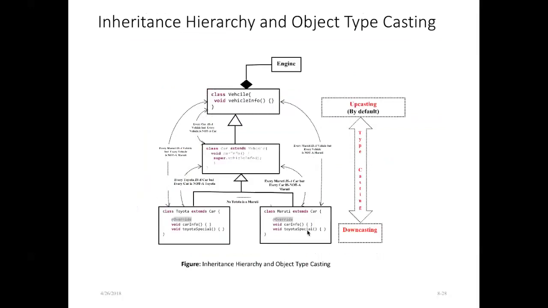If I have a car C1 equal to new car, this C1 is an object, right? It will take a space in memory, somewhere in memory, and this space will be denoted as C1.